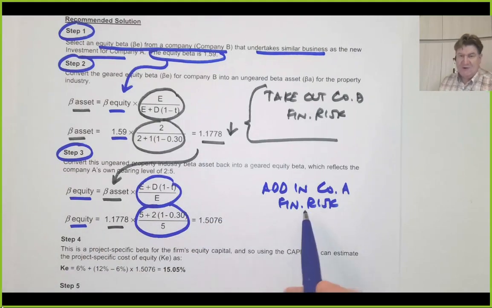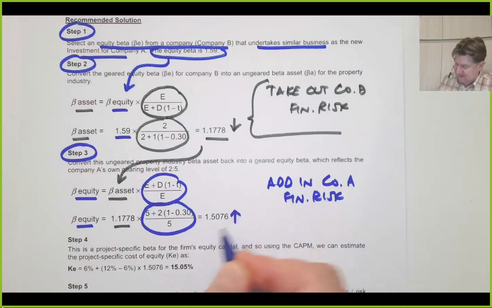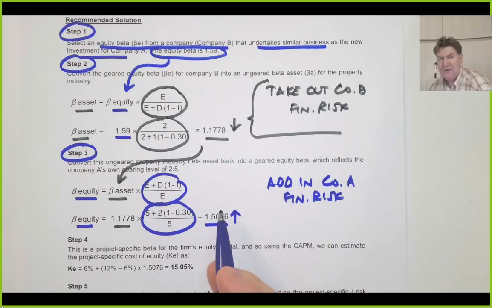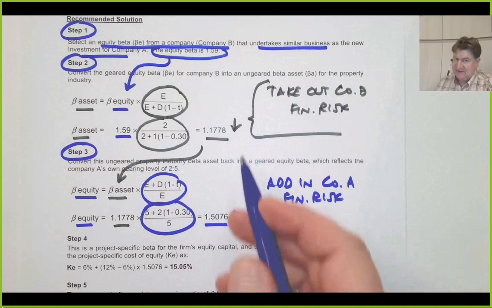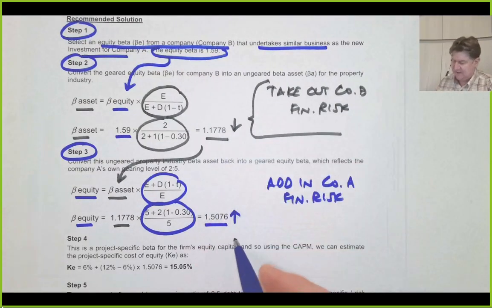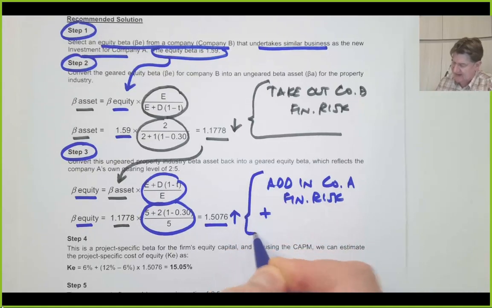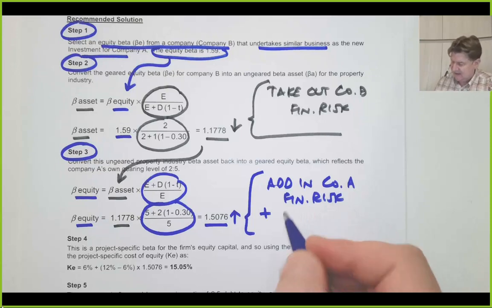And look, when we add in our company's financial risk, look what's happened to the beta now. It's gone back up. So as you calculate these things, this is what you should be thinking about. Take it out, should go down, add it in, goes back up. But something else important just here is this now. This beta isn't just company A's financial risk.